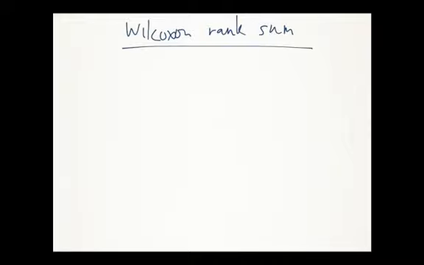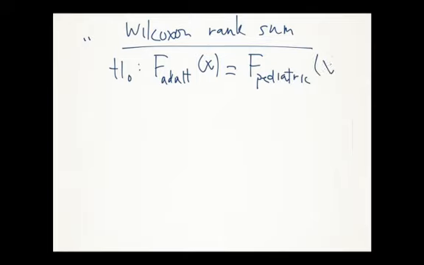So for the Wilcoxon rank sum, the null hypothesis is that the distribution, the way we write that is this capital letter F, the distribution of the outcome for adults is the same as the distribution in kids, pediatric.